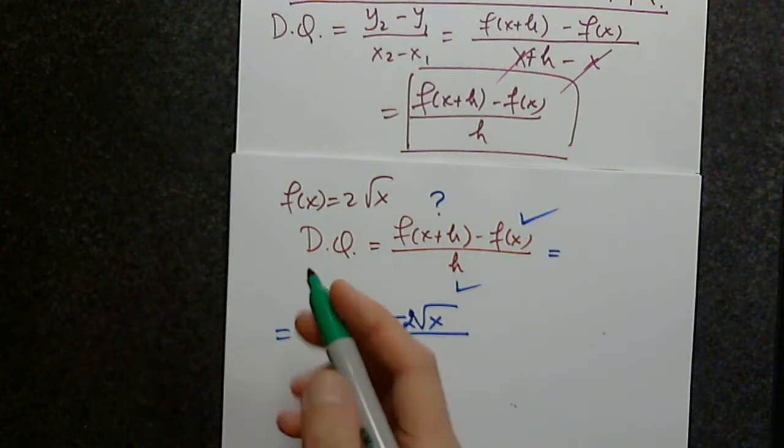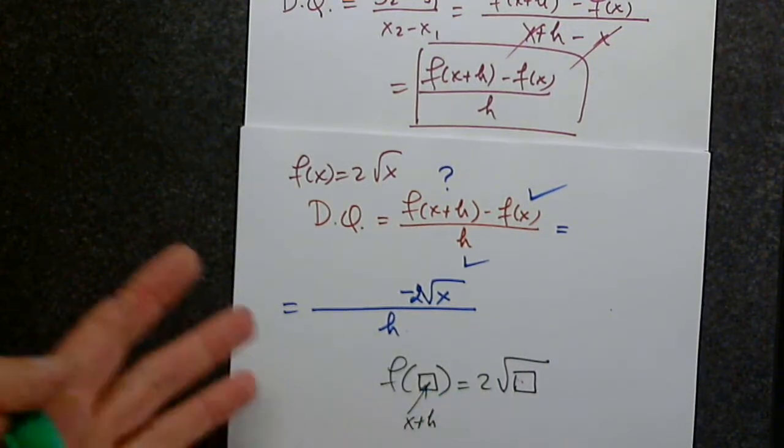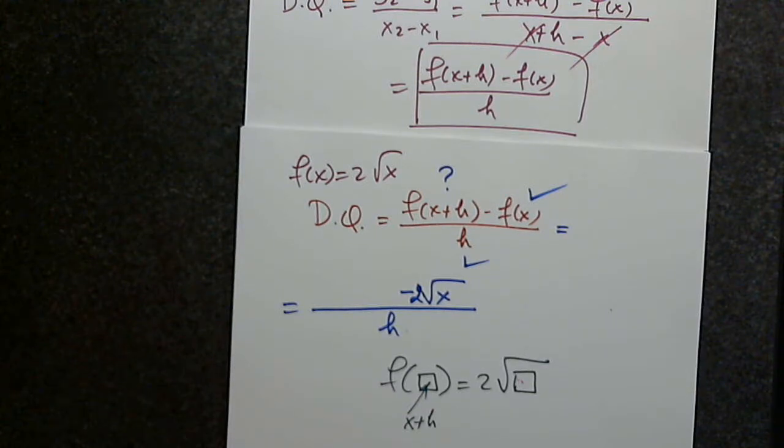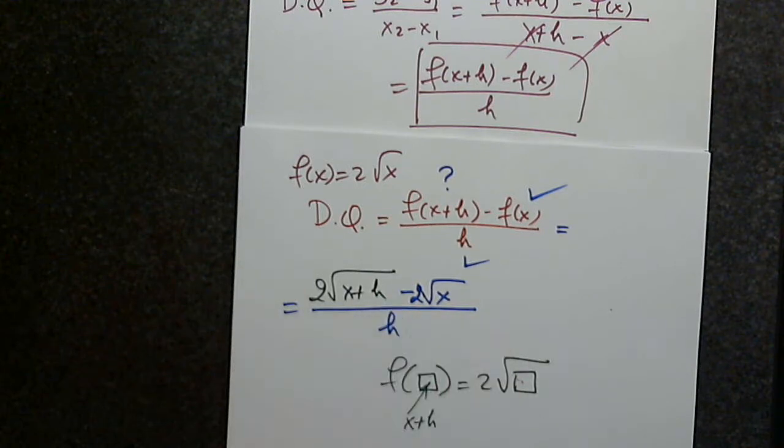Remember how we read the f of x, right? f of whatever equals the square root of whatever. If this is x plus h, then what is f of x plus h? Right, the square root of x plus h. That's it.